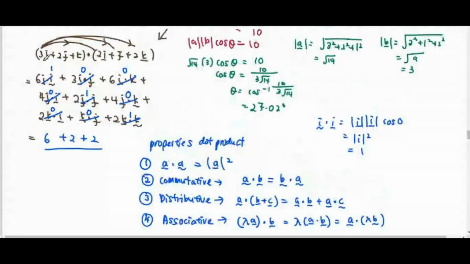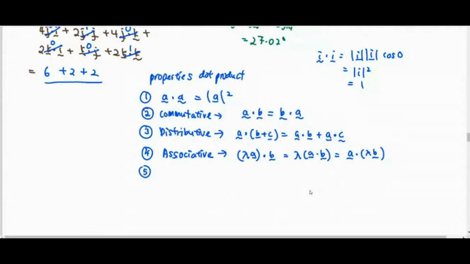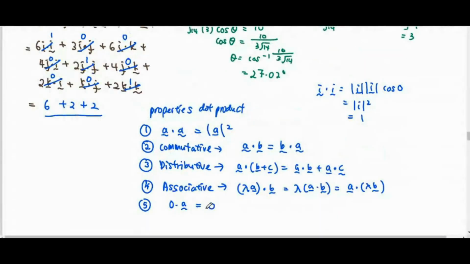Contohnya 3I darab 2I kan. So saya nombor dengan nombor saya boleh asingkan jadi 6. Dan vektor darab vektor. So ini dah kiranya sebenarnya associative law lah. Ataupun di nombor tu saya boleh darab kita vektor B. Apa-apa vektor kalau darab dengan kosong, dapatlah kosong. So itulah properties kita.